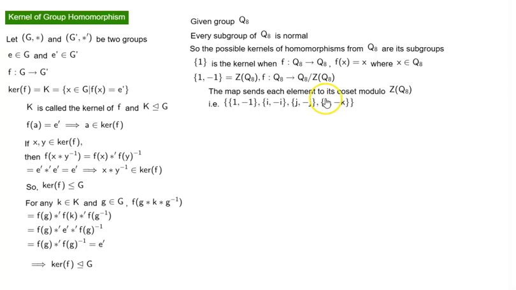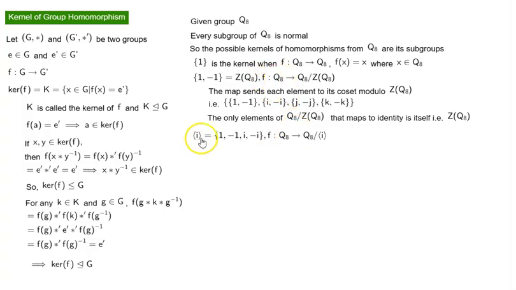Now, very quickly, you can make sure that you are on the right track by observing that Q8 has 8 elements, Z of Q8 has 2 elements. That means 8 by 2 is 4, so there have to be 4 cosets. Now, the only element of the quotient group Q8 by Z of Q8 that maps to the identity is the identity itself. Here the identity is {1, -1}. So here {1, -1} is the kernel under this homomorphism.